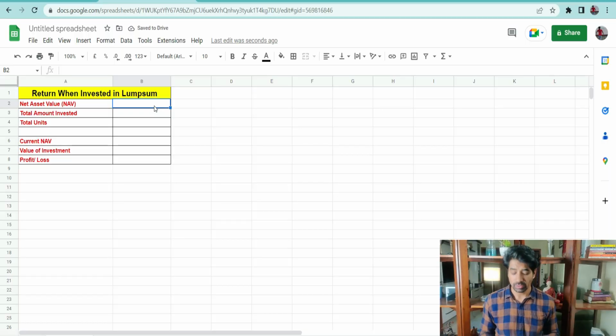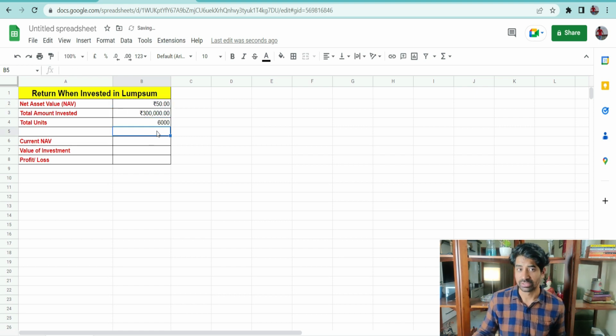Suppose the NAV at that point in time is 50 and you invested 3 lakh rupees. So what will be the total number of units? The total number of units would be the total amount invested divided by NAV. So if I do the calculation, it is 3 lakh divided by 50, which is 6,000 units.